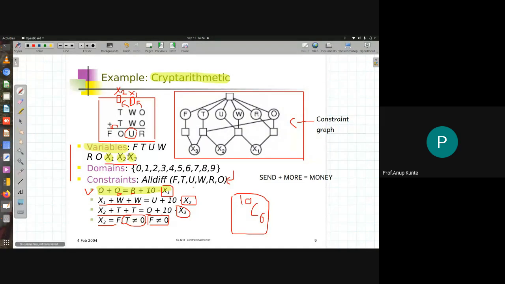Actually X3 is not needed as such, but to have consistency in our definition, we say that X3 is the carry generated at the hundreds place, and then we say that it is equal to F. Otherwise you can just say that X2 plus T equals O plus 10 into F. That is the way it is represented.